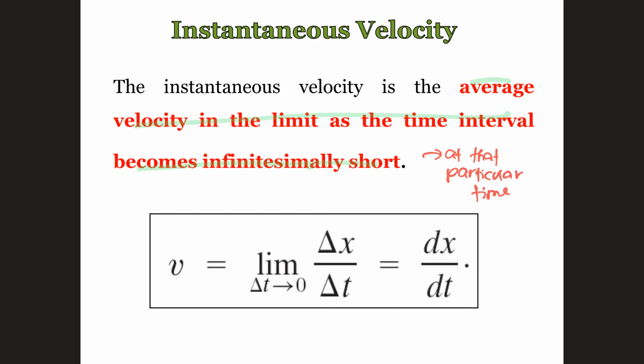Okay, so the notation is the limit as t approaches 0. We are not considering it as 0 because we are going to get an undefined number. So we put it as a ratio of change of x divided by change of time as a whole.